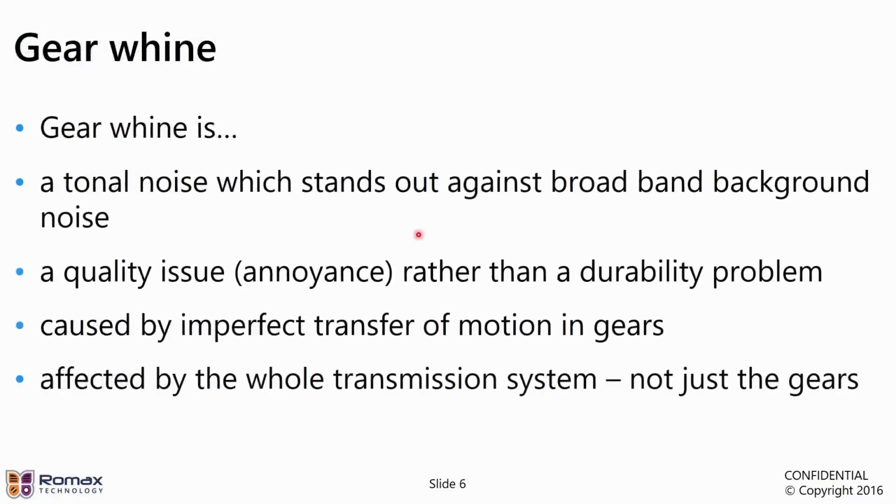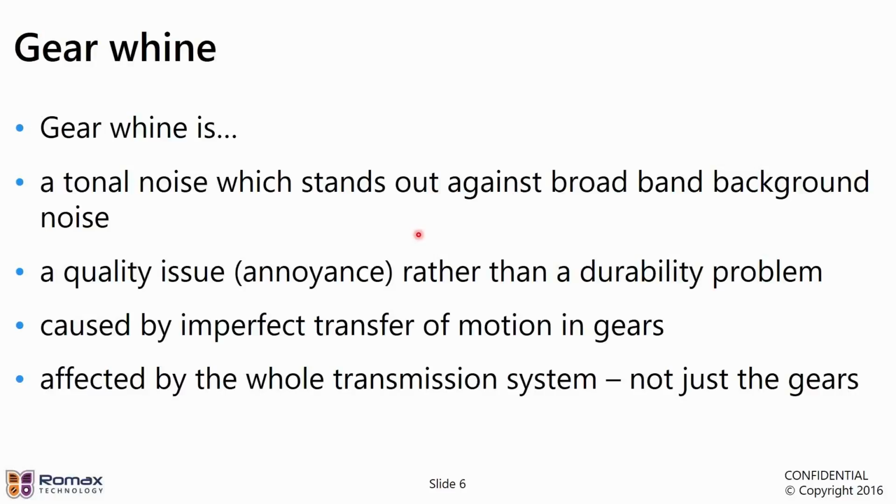So what is gear whine? Gear whine is a tonal noise, i.e. it's a sinusoidal type noise, which stands out against the broad background noise. So, for example, in a car, broad background noise would be things like wind and tyre noise, and tonal noise would come from the transmission and the engine, and they stand out against these backgrounds, and people become aware of them, or they cause a general annoyance and a noise problem.